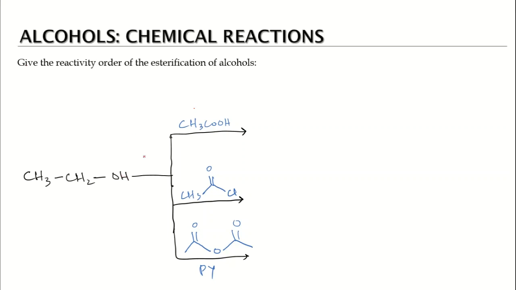When alcohols react with carboxylic acids, acid chlorides, or acid anhydrides, we are going to get the ester, and the ester is nothing but R C double bond O R. This is the general representation of the ester. So in all these cases we are getting the ester as the product, along with some additional products.